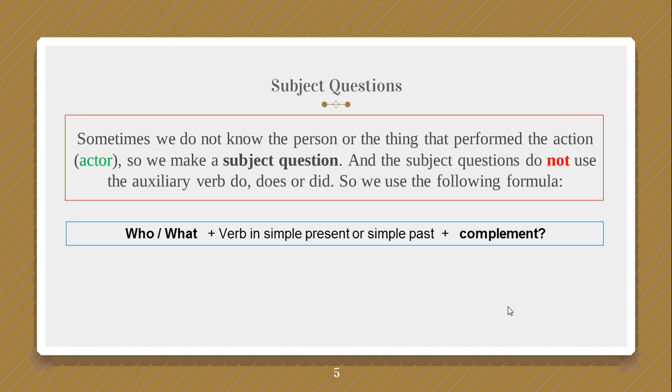We only follow this formula: who or what, because it can be a person or a thing, plus the verb in simple present or simple past, plus a complement. Here we have the sentence, "We want some apple juice."